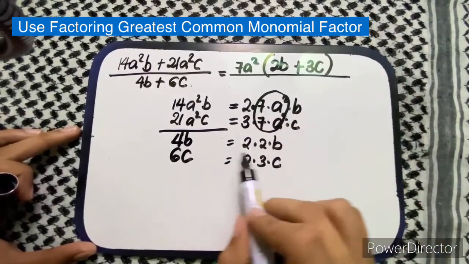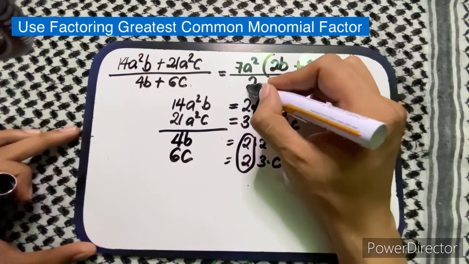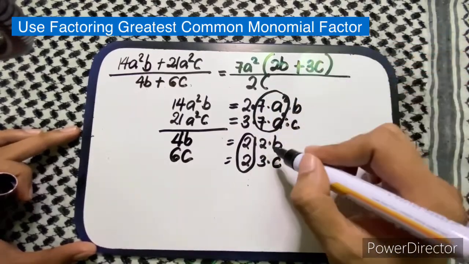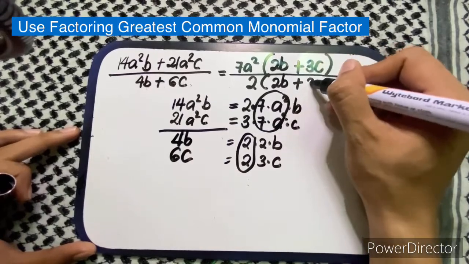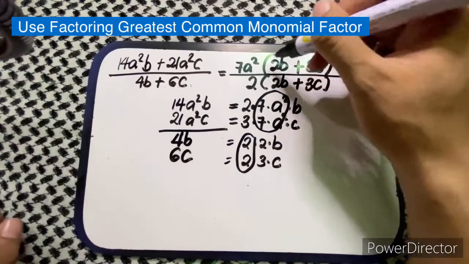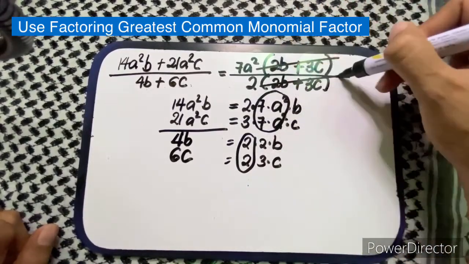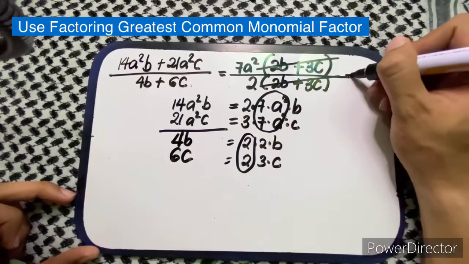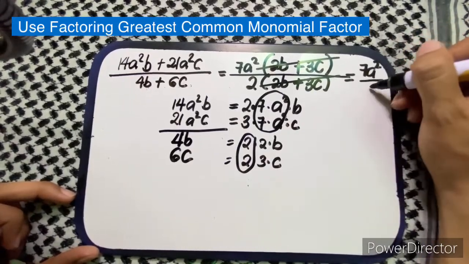In the denominator, the common factor is 2. So factor out 2, then the remaining is 2b plus 3c. If you notice, we have a common binomial, 2b plus 3c, so cancel out. So the answer is 7a squared over 2.